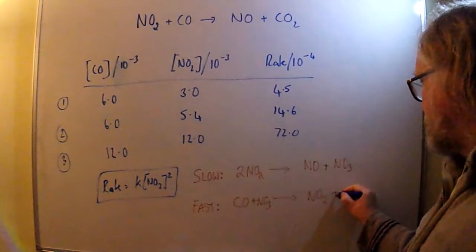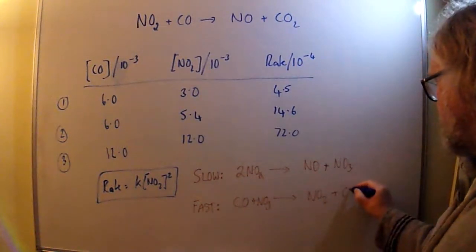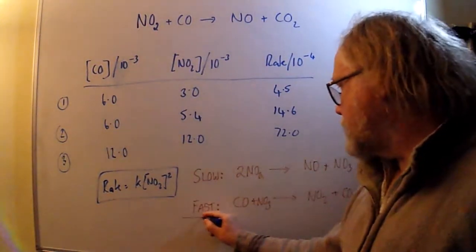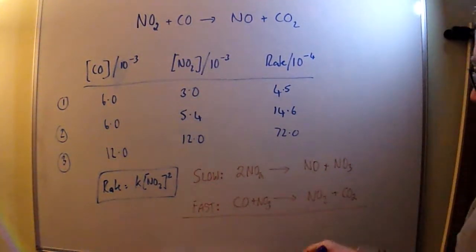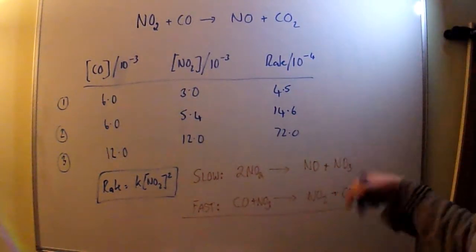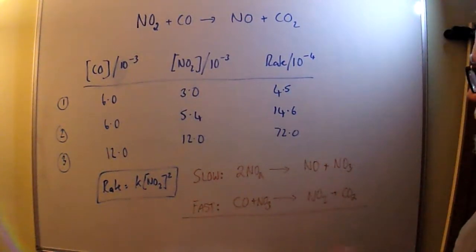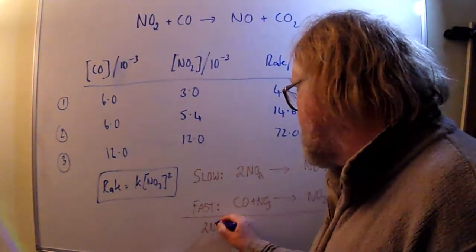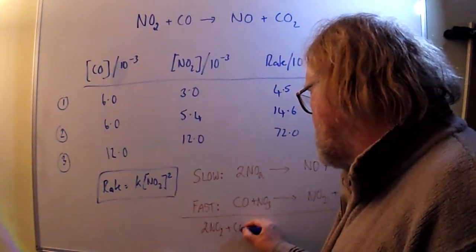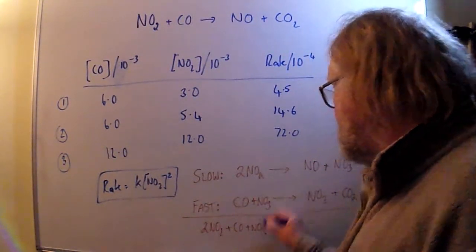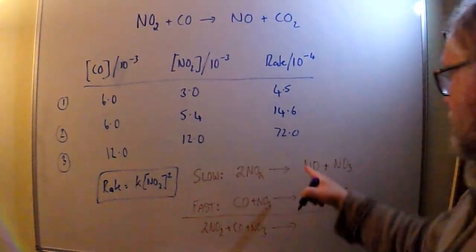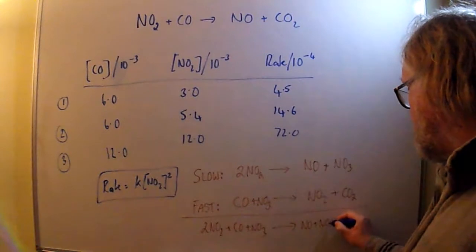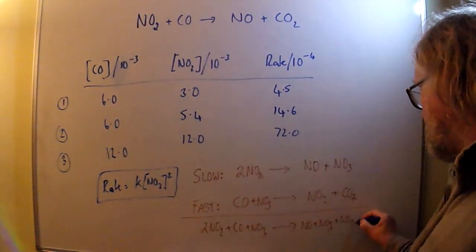And that will then give us the NO2 back, and it will give us our other product that we need, which is CO2. You can check that it's right by adding everything together, because obviously there's scope to get a bit fuddled as you go through this, so you can just always check by adding the 2 steps together. So you get 2NO2 plus CO plus NO3, adding up all the left hand side stuff, and then again adding all these up, you get NO plus NO3 plus NO2 plus CO2.